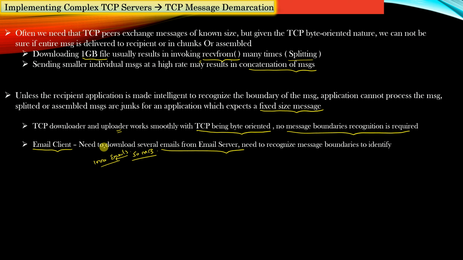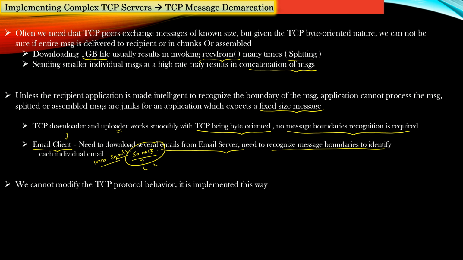From the TCP perspective, TCP just pushed 50 megabytes of data to your email client. And now it is the responsibility of your email client to look into these 50 megabytes of data and identify individual emails. That is, your email client needs to recognize message boundaries in the TCP data it has received. Until your email client finds individual emails in this data, how can it work?